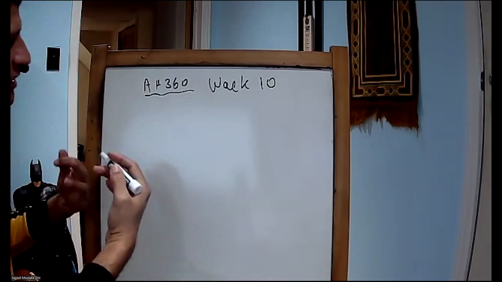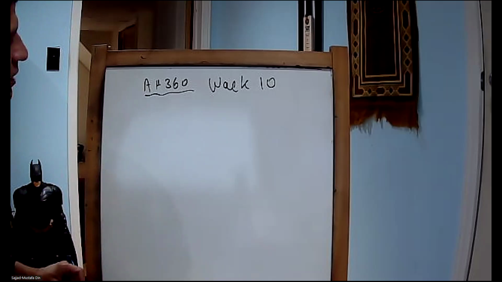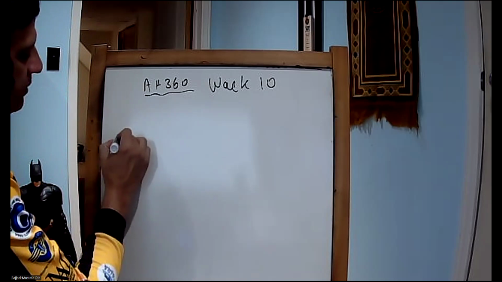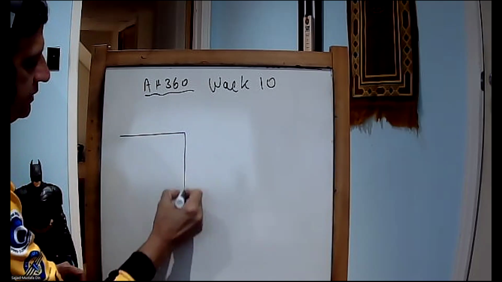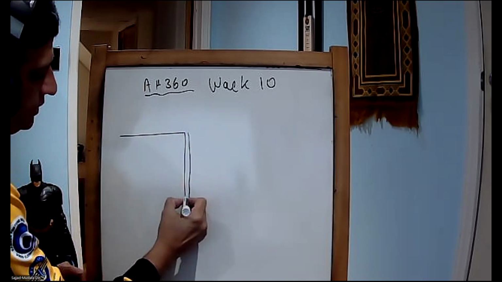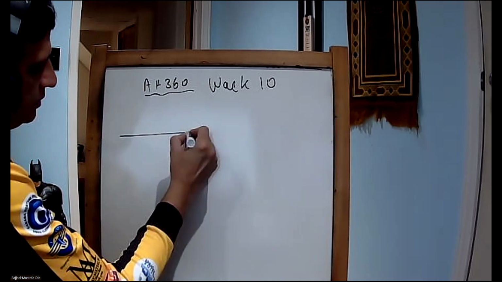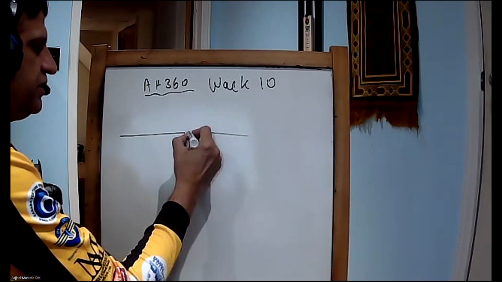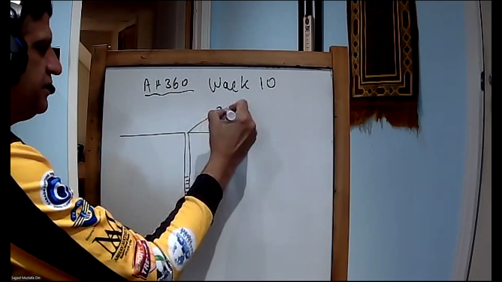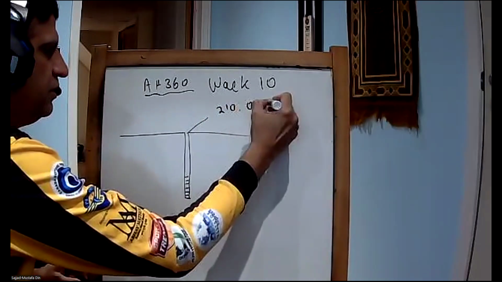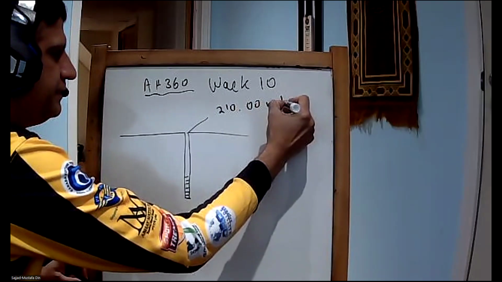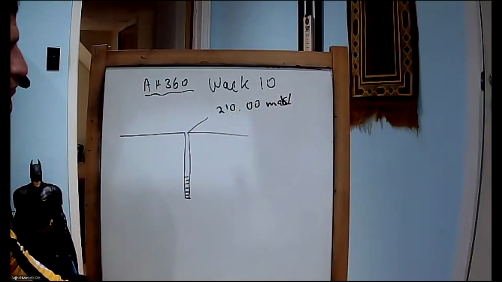Here, let's imagine we have some information. For example, you're at a site, you took water levels, right? You know that the ground surface elevation is, let's say, 210.00 meters above sea level.